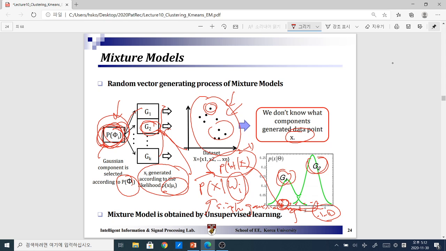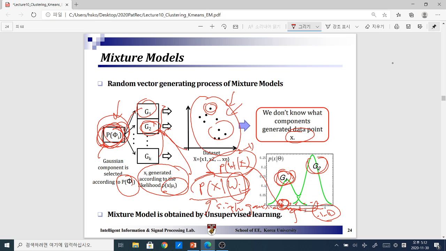To obtain the posterior probability, we need to compute the probability of the sample coming from either G1 or G2, which is called a likelihood.